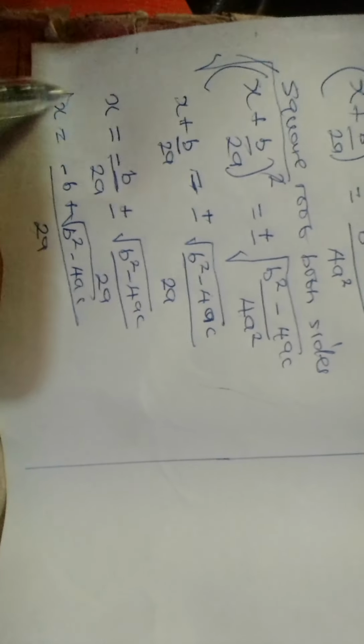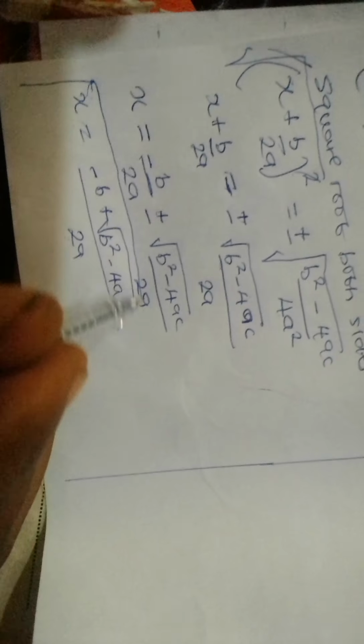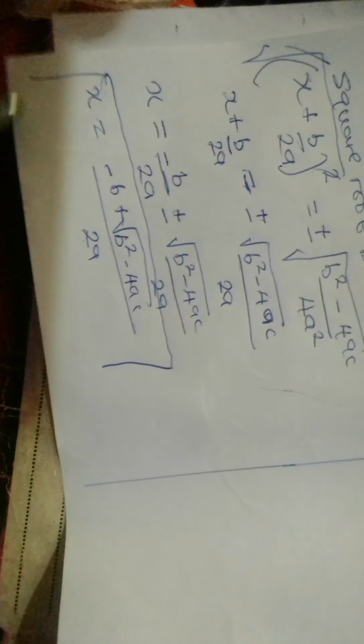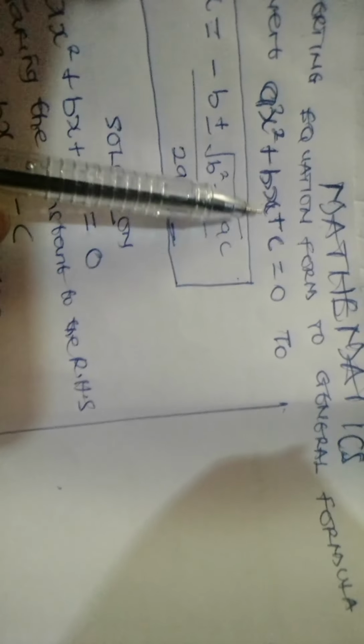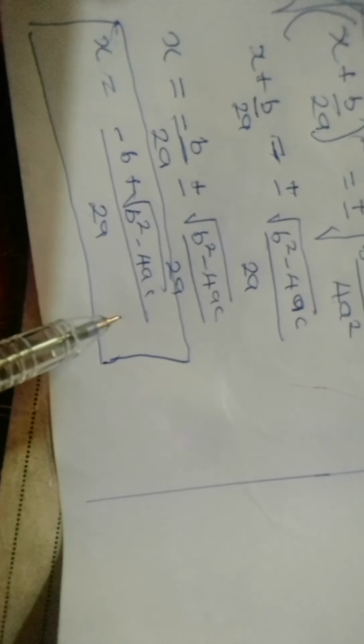Okay, so that is how to convert ax squared plus bx plus c equals 0 to the general formula. You see, this and this are the same.